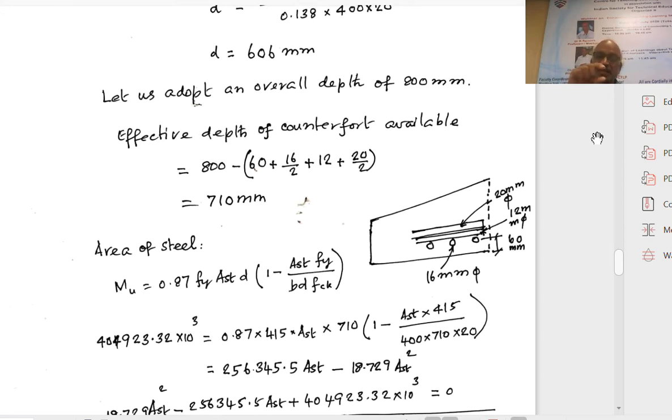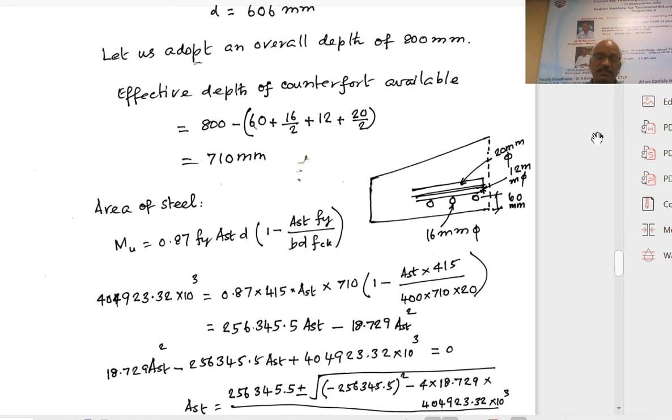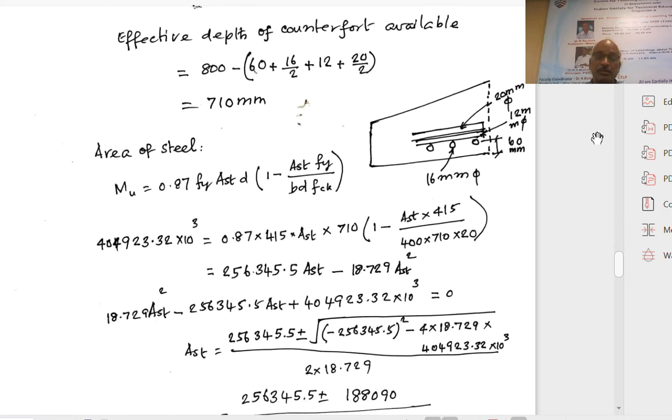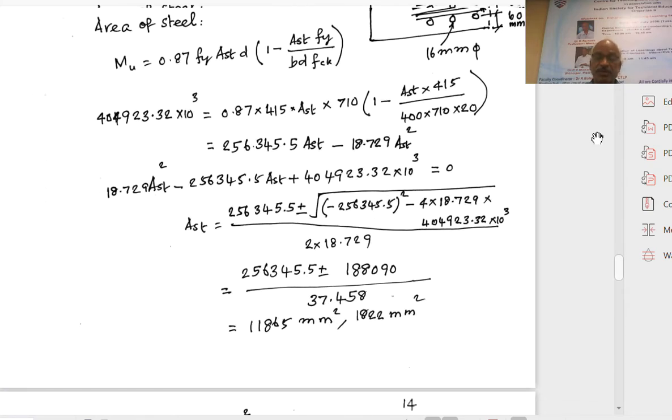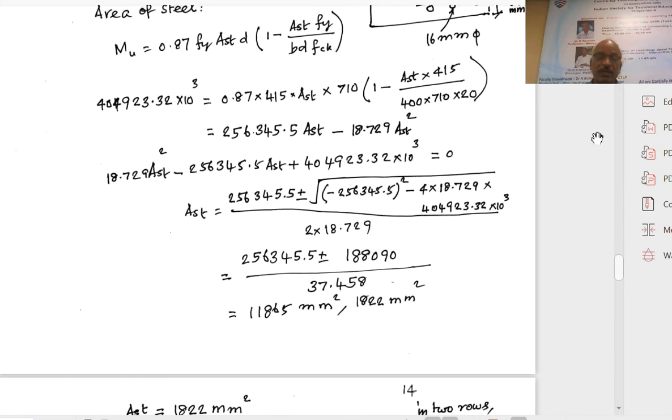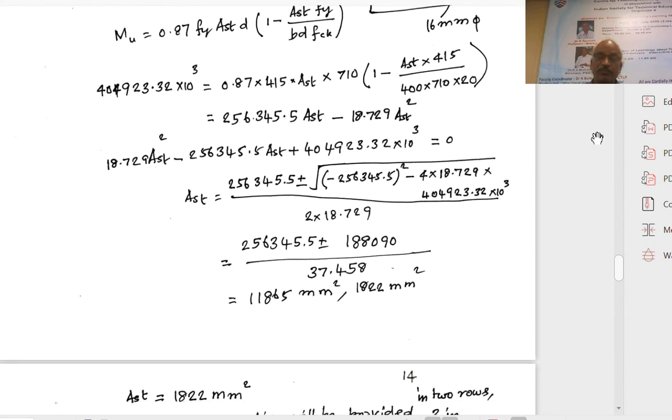Sometimes this will be given as individual lines, 4 or 5 lines in a book, so that you must be able to understand. So this is an important calculation, and other things are as usual, Mu equal to 0.87 fy, all these things, finding out the area of steel for the bending moment. Because bending moment is 4049 something, the area of steel is equal to 1822.